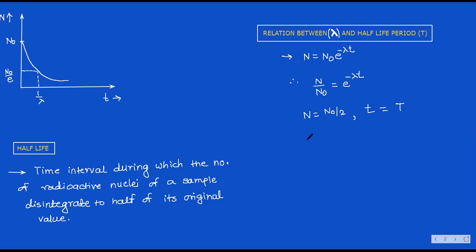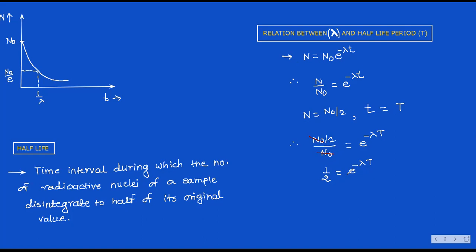So N naught by 2 divided by N naught is equal to e power minus lambda T. Now this N naught cancels with this N naught. So what is left now? 1 by 2 is equal to e power minus lambda T.